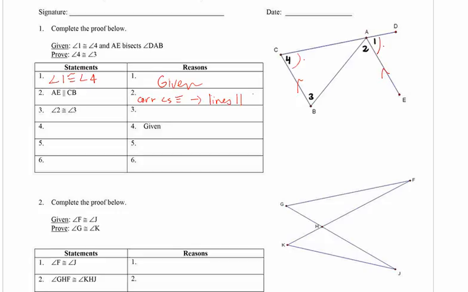Next, we're told that angle 2 is congruent to angle 3. So I'm going to mark angle 2 congruent to angle 3. Again, we are looking at two angles that are making an angle with AB.